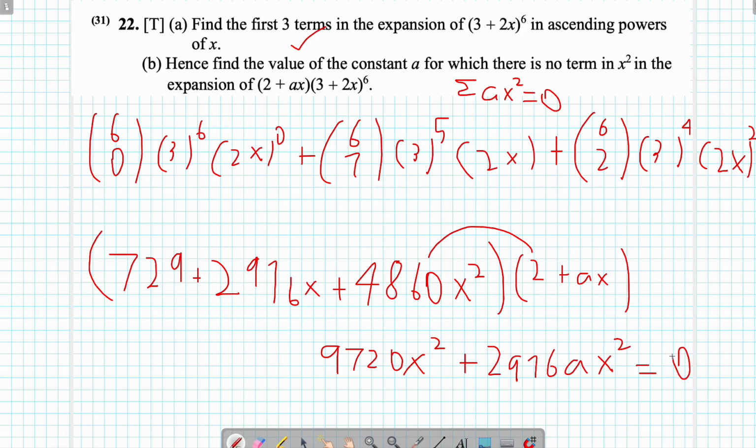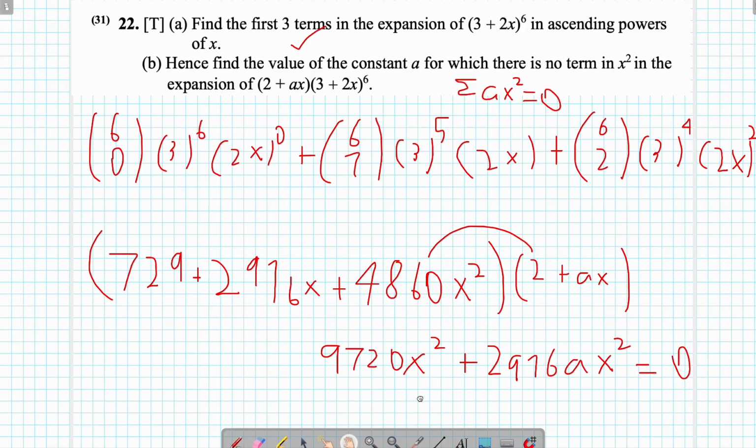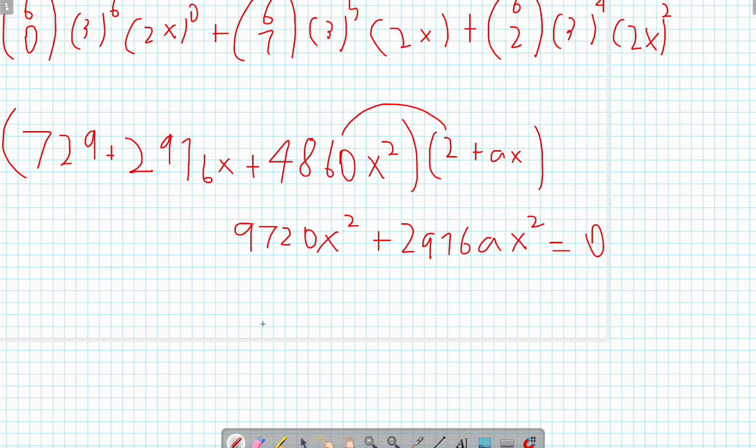You're going to get a is equal to negative 10 over 3.